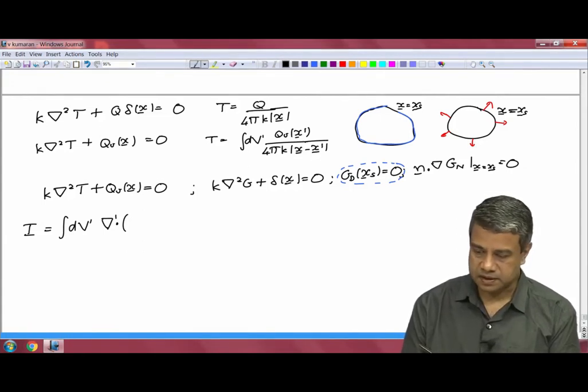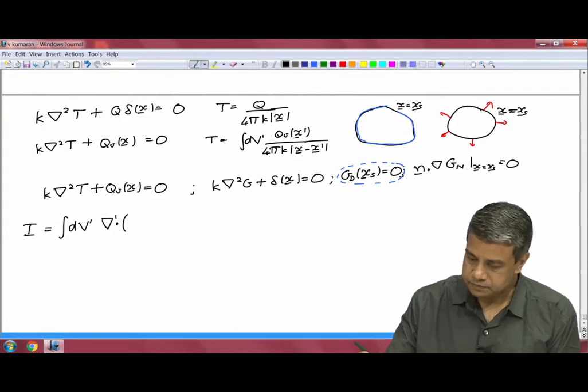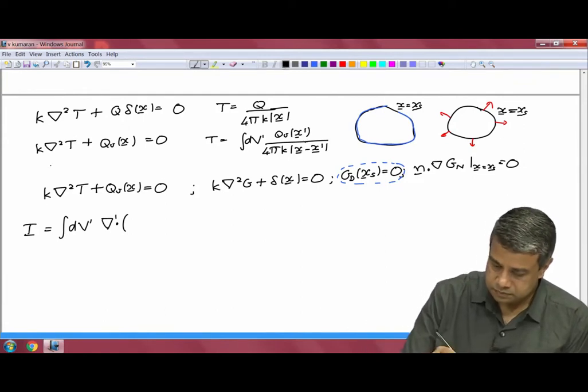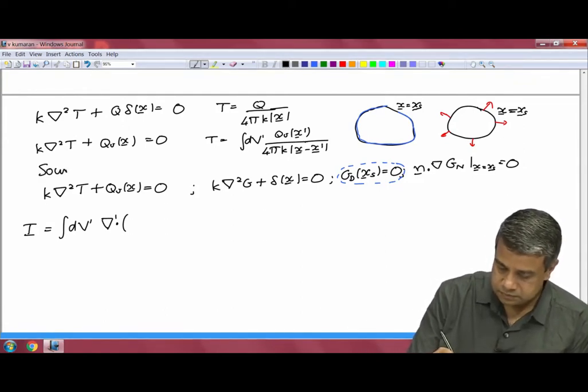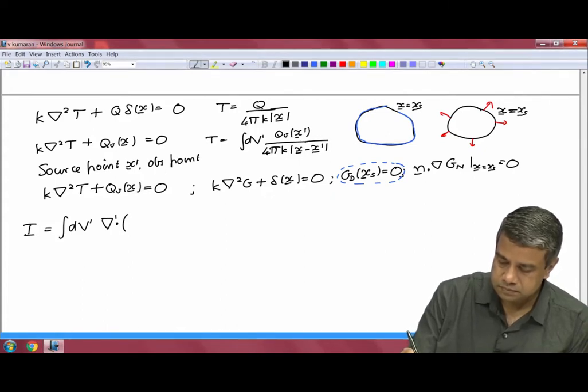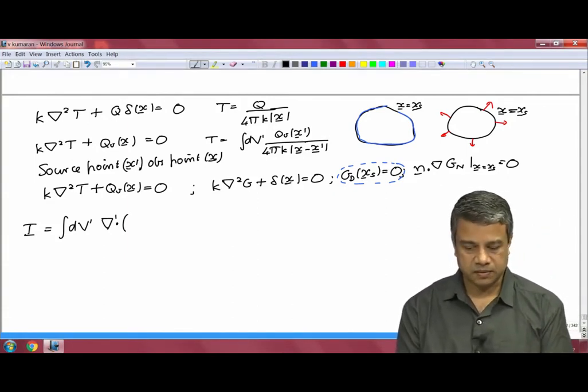So, let me write that somewhere. The source point is x prime and the observation point is x in the analysis that I will be doing.